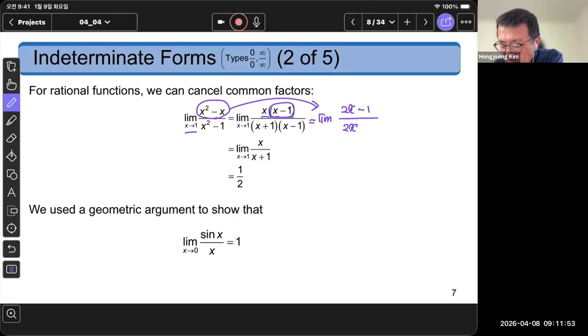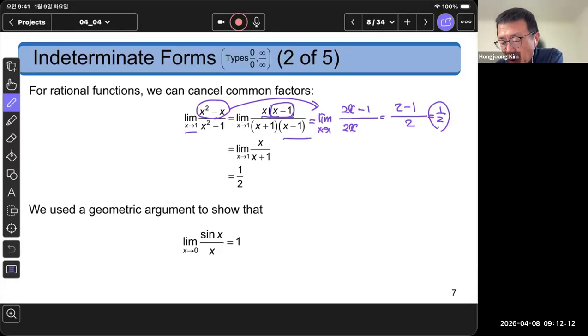So if you let x go to 1, the limit will be (2 times 1 - 1) over 2. So 1/2 will be the result, the limit of this problem.